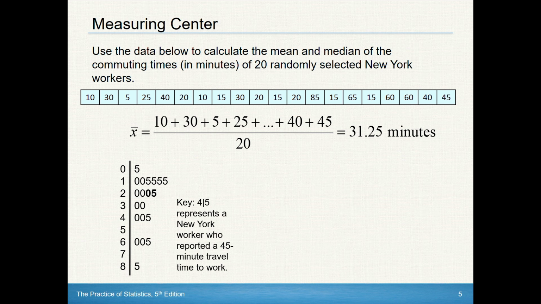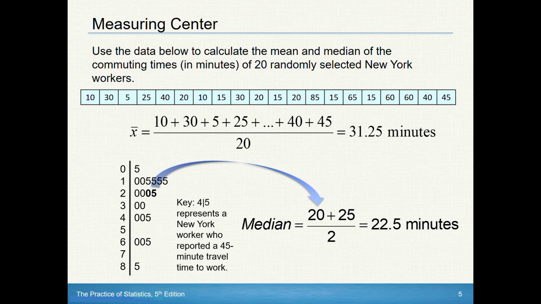When we make that stem plot, we have 20 data points, which is an even number, so the median is not going to be a single value, but rather it's going to be between two values. If I count it off, it's going to be between this 0 and this 5. So the median is going to be 22.5, because that's the average, or halfway between, 20 and 25. If you're not sure, you can count them up. Yes, in fact, there are 10 data points below, including that 0, and there are 10 data points above, including that 5.